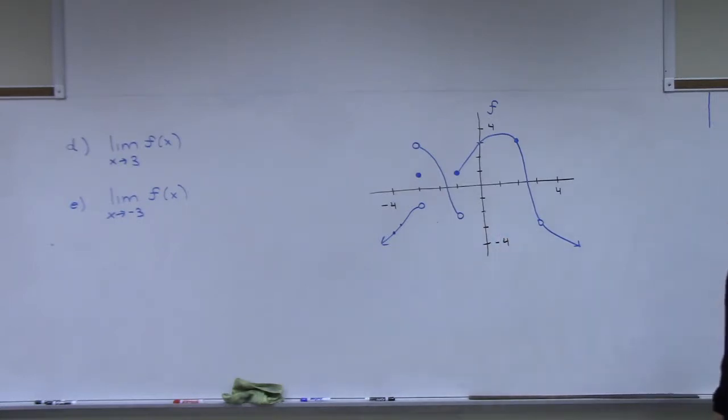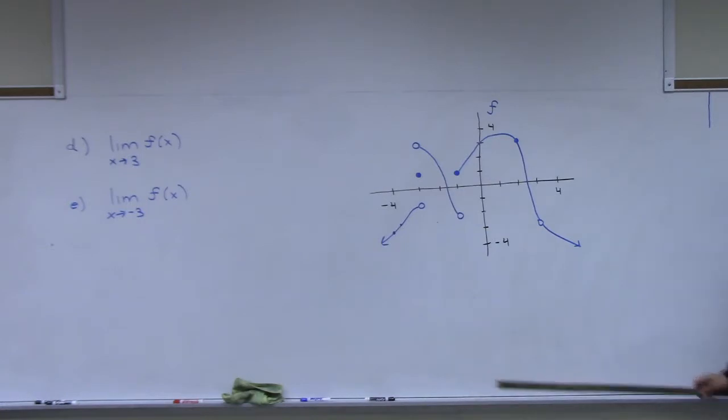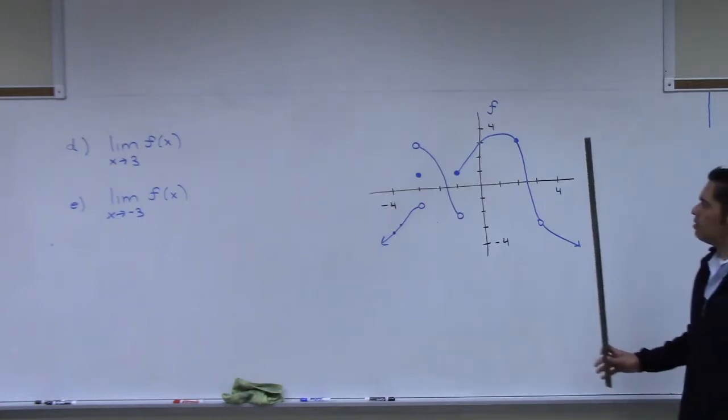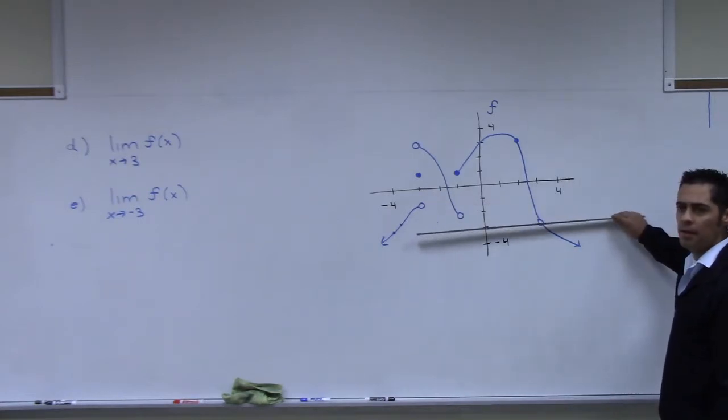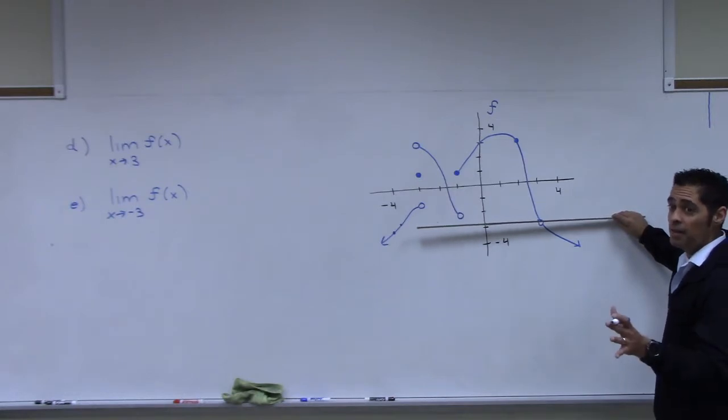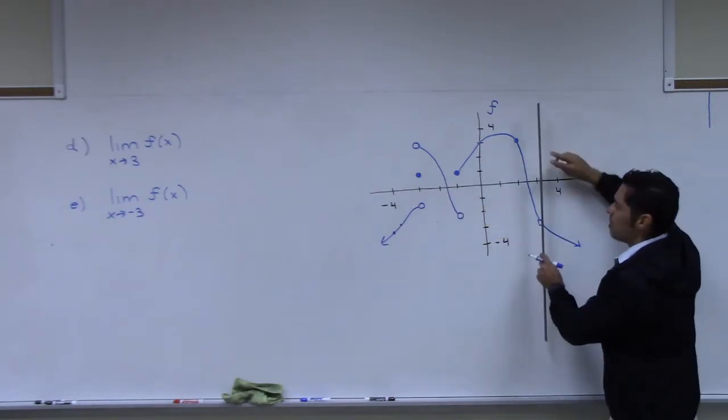So the limit as x approaches 3 of this function. What are you thinking? Okay, so what are you doing? You're saying -3 right there? You're right. So you said you're approaching 3.